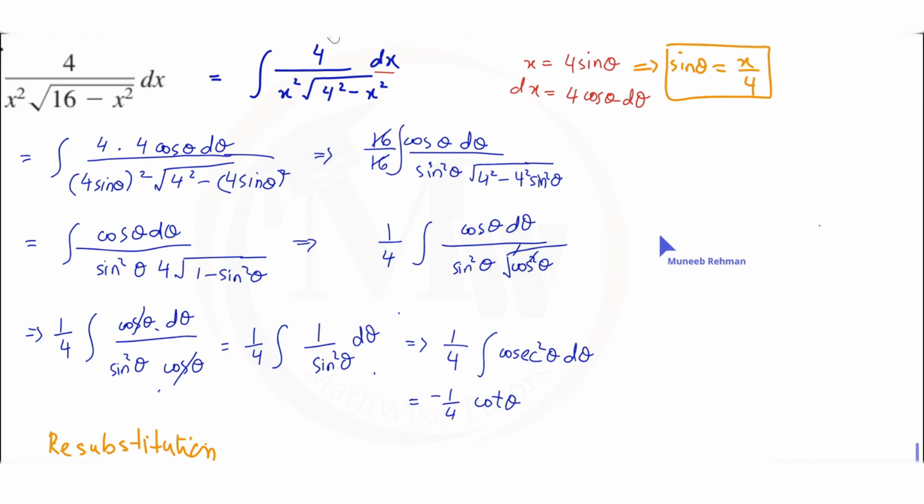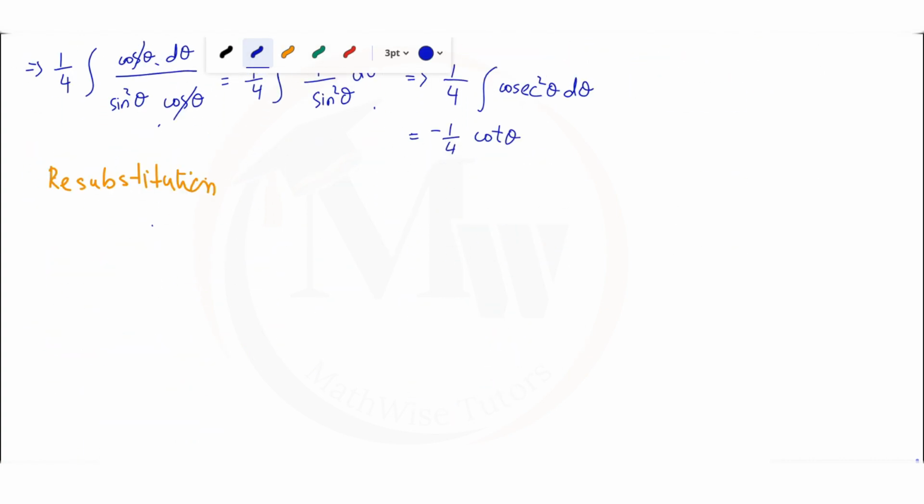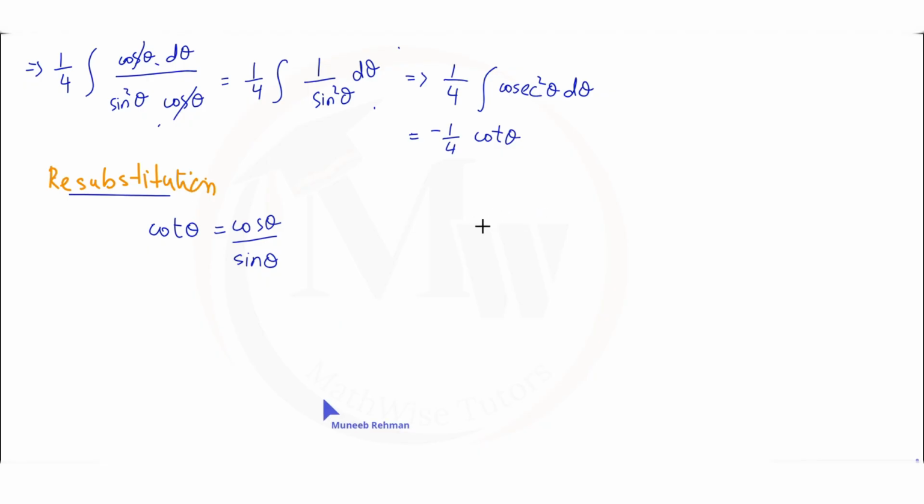As we know, cot theta is actually cos theta over sine theta. It means we need to find the value of cos theta and sine theta. Using the substitution, as we already put x equal to 4 sine theta, sine theta is equal to x over 4.